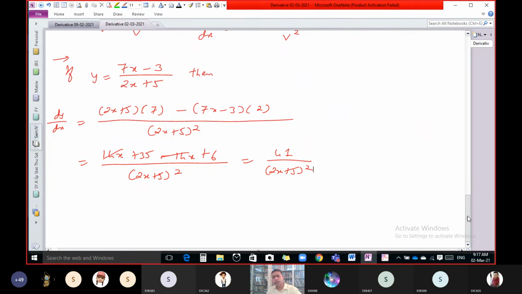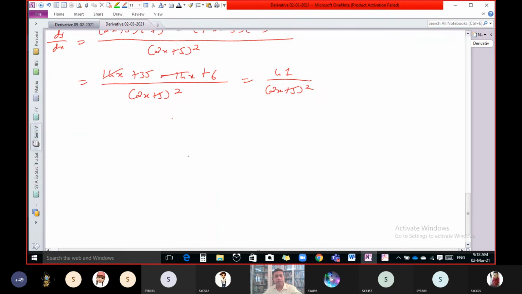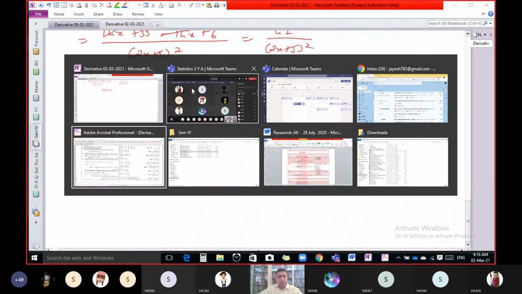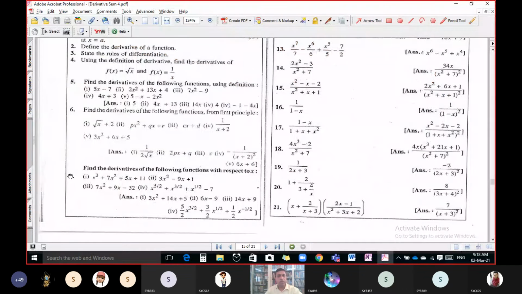Now let us start the exercise. See, question number 7. Find the derivative of the following function with respect to x.